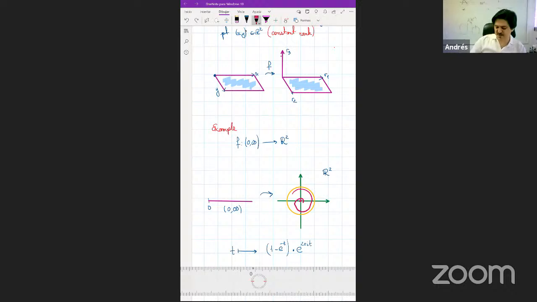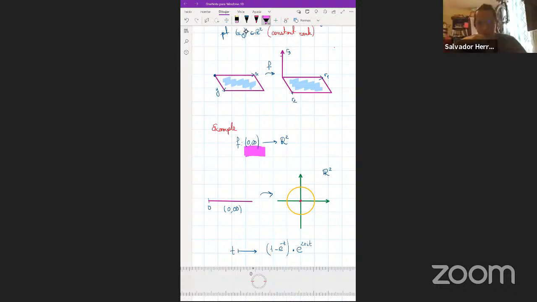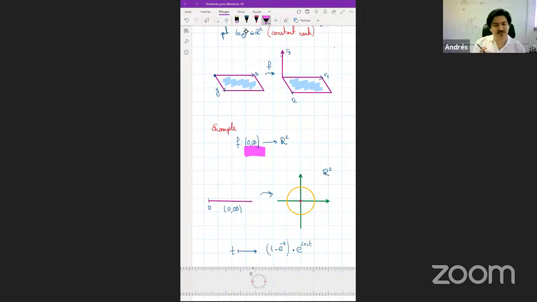Oh, right, sorry. When t is 0, you're at 0. I had it wrong. Remember, here I omitted 0 because the half-closed interval is not a manifold. That's why I'm removing 0, but we can use it just to understand what we're doing. What you're saying is correct: 0 goes to the origin. Now I get it.